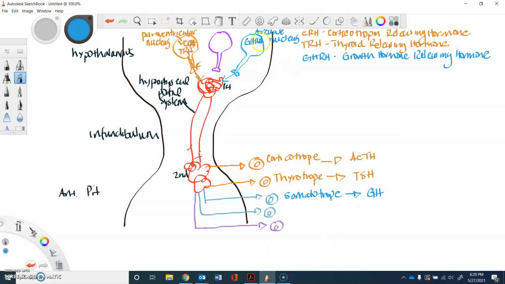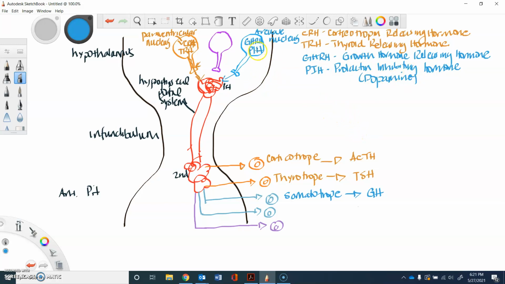All right. It also releases PIH, which is prolactin inhibiting hormone, also called dopamine.